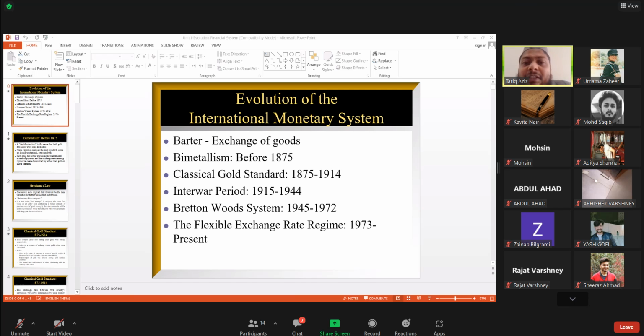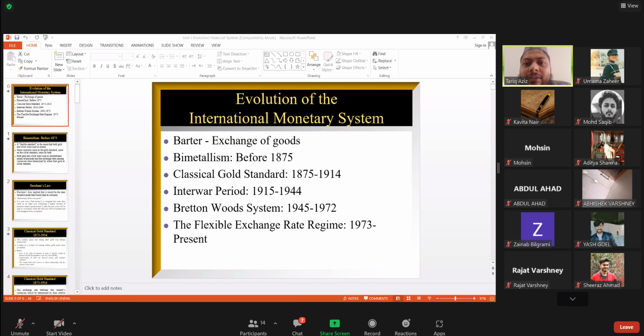So payment in international trade used to be made in terms of gold coins and silver coins before 1875.